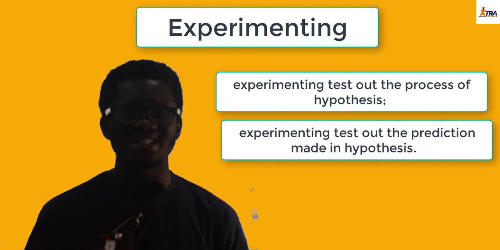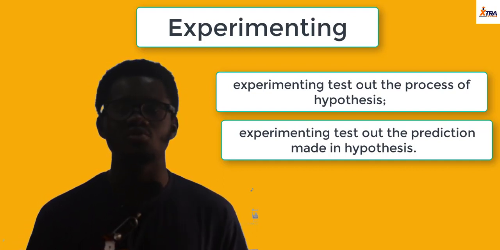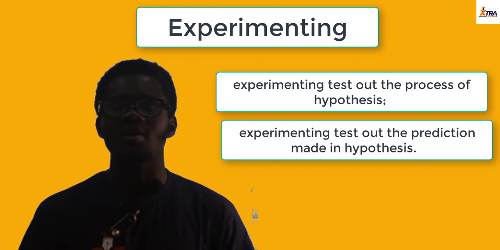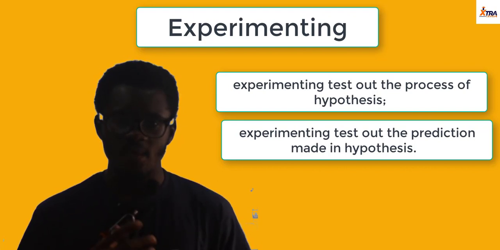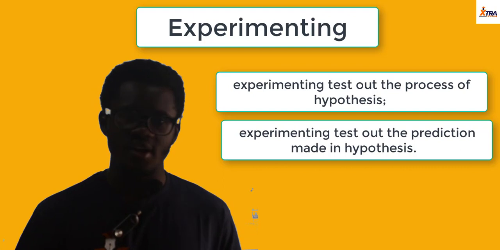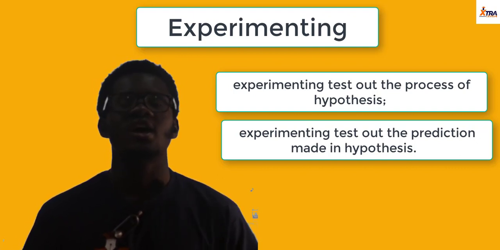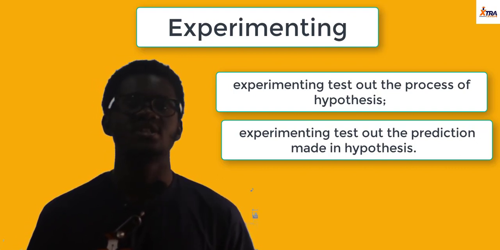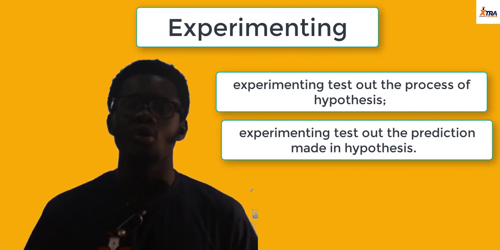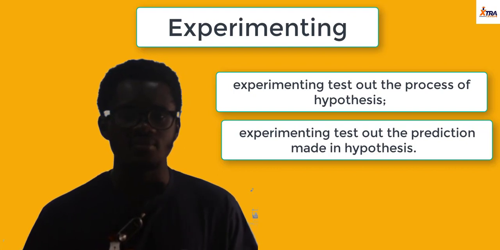So now we are testing out the process, because in your hypothesis you said that, oh, the reason why these people are feeling pain is because they probably have inflammatory reactions and the rest, and you are saying that that's what you observe, and one way of solving that is by giving them aspirin. You not only said that, you said the aspirin should be given intravenously. So that means you are describing the process in which the aspirin should come in. So we could test it out and give them different ways.